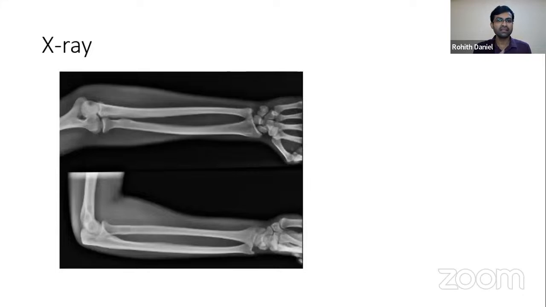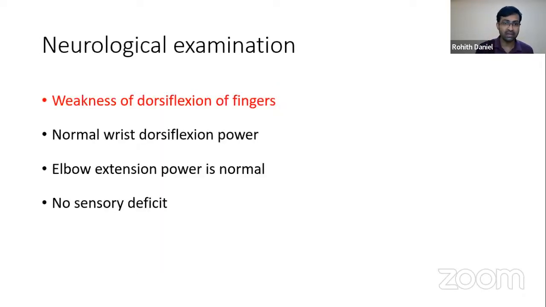Yes. This X-ray is absolutely normal. There are no fractures or dislocations or anything. This X-ray is absolutely normal. No problem at all. Then this means that because of the injury, there has been no fractures or dislocations. But there is some problem with his fingers, isn't it? What was that? So I proceeded to do a neurological examination.